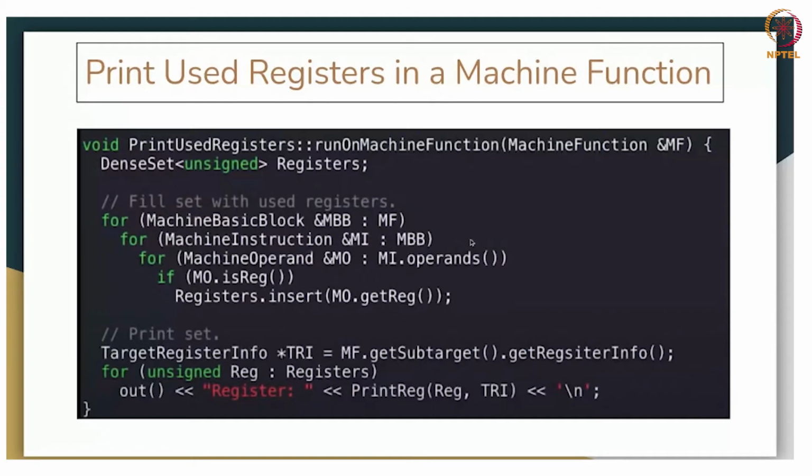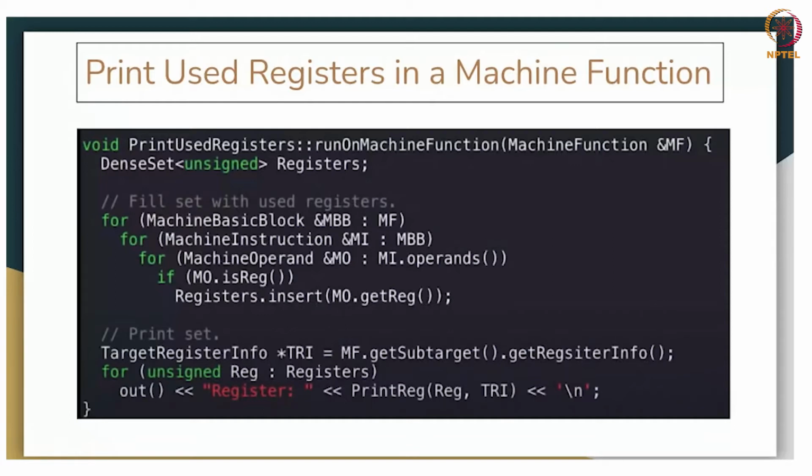You iterate over these and look at the machine operands. If an operand is a register, you insert it into a set. Then for target register info, you get the subtarget, get the register info, and then print with TRI. This prints the registers that are used in that machine function.